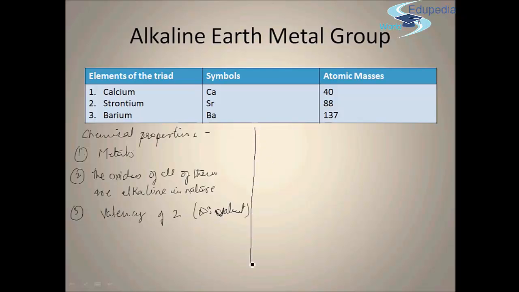Now friends, according to the law, the atomic mass of the first element is calcium, which is 40. So the atomic mass of the third element is 137.